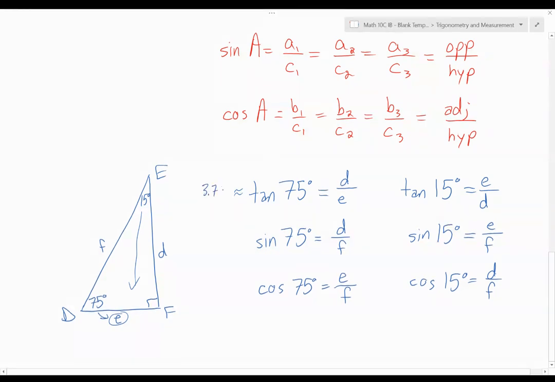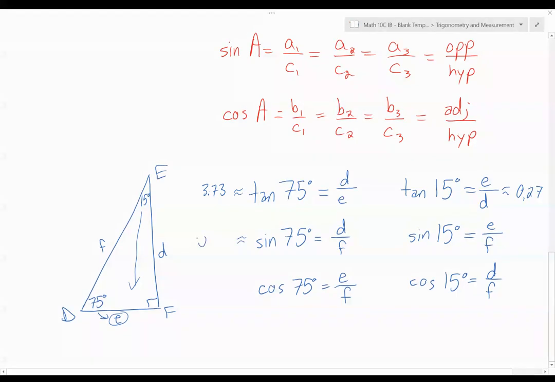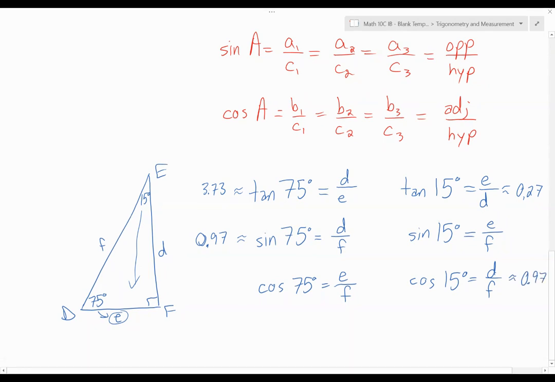So when I draw any triangle with a 75-degree angle and take the opposite side divided by the adjacent side, I'll get about 3.73. Tangent of 15 should be the reciprocal of that, so that's going to be approximately 0.27. If I were to figure out what is the sine of 75, again, just on a calculator, I get about 0.97, which is the same thing as the cosine of 15, because the opposite side of one is the adjacent side of the other.